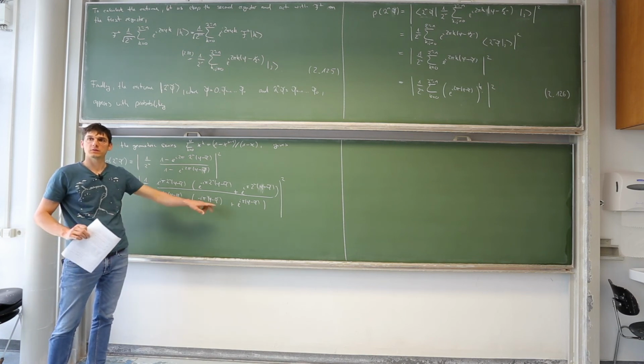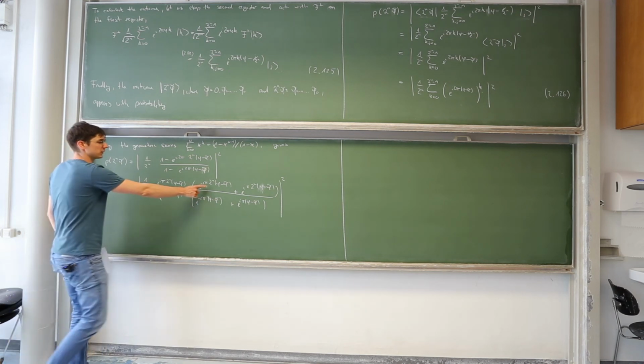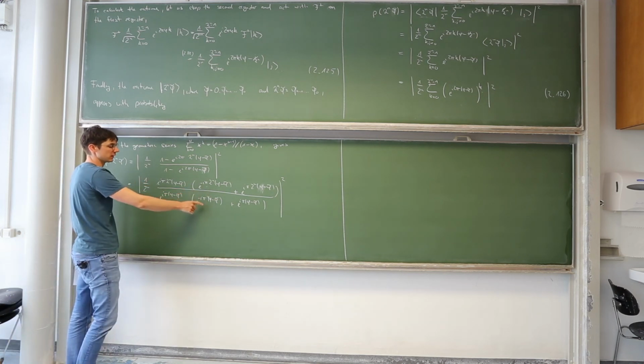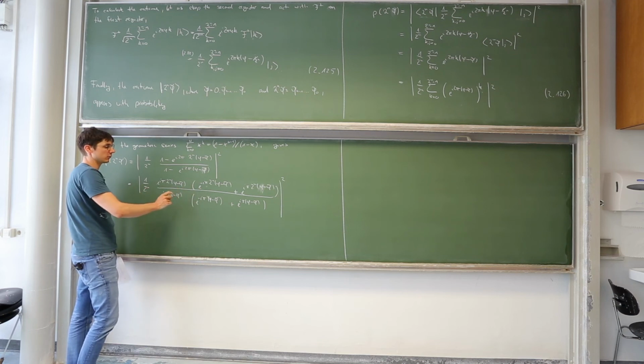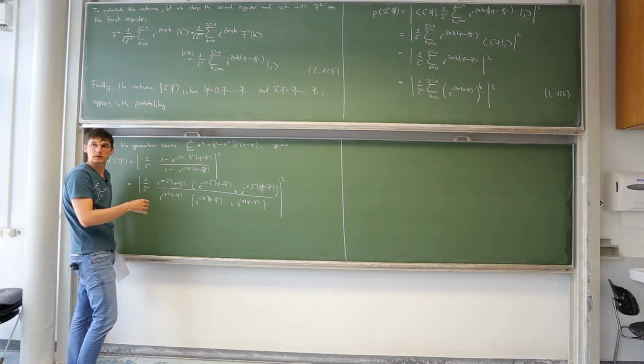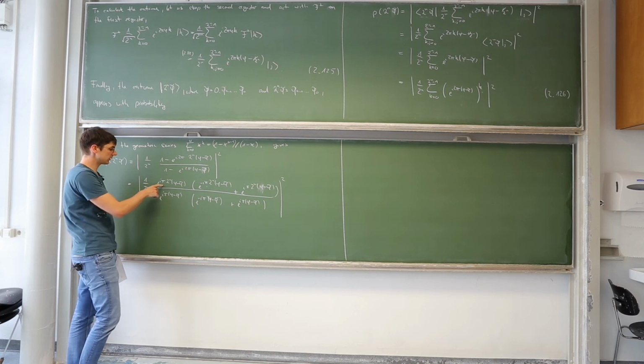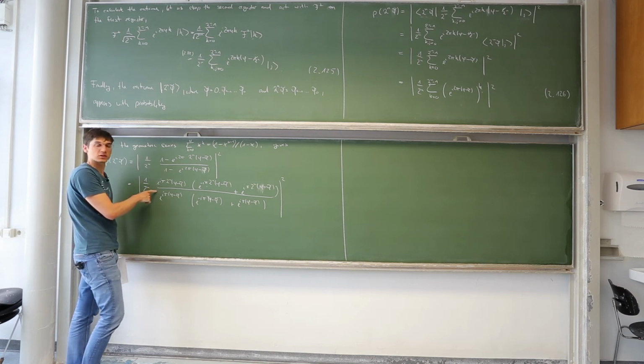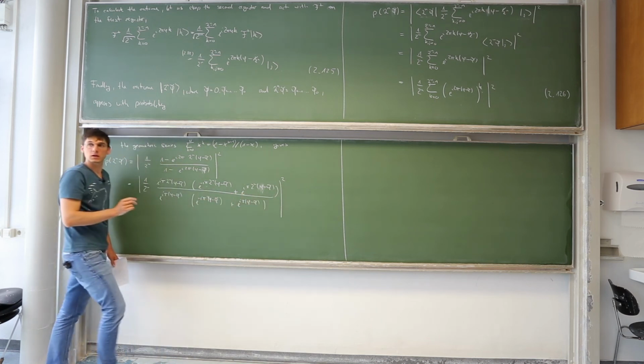If you introduce a 2i, then we get the sine. But since we have it both in the numerator and in the denominator, this 2i doesn't matter. And this is only a phase factor, which cancels due to the modulus, right?